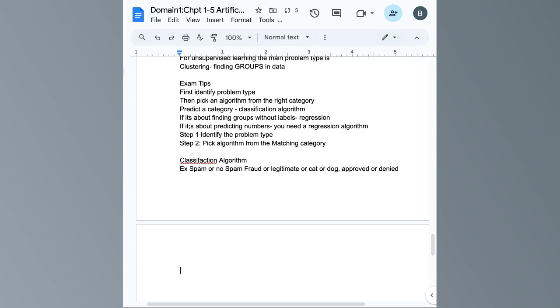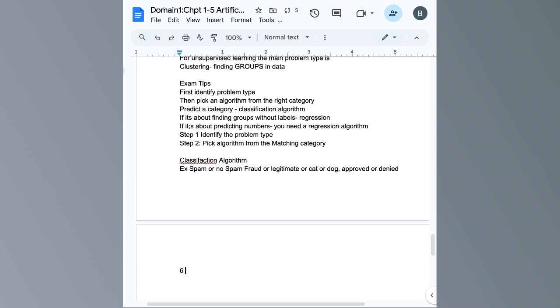A classification algorithm would be used, for example, if you apply for a loan. The classification is going to put you in a category, least likely to default on the loan or most likely to default on the loan, and that will determine if the bank approves you.